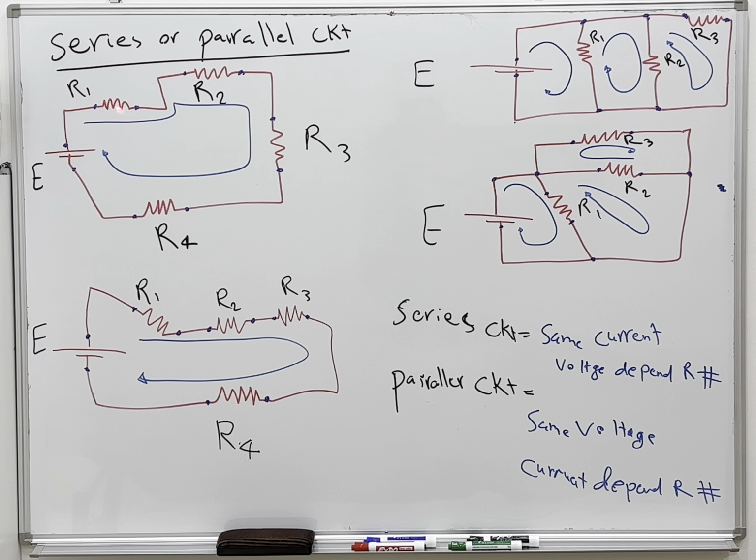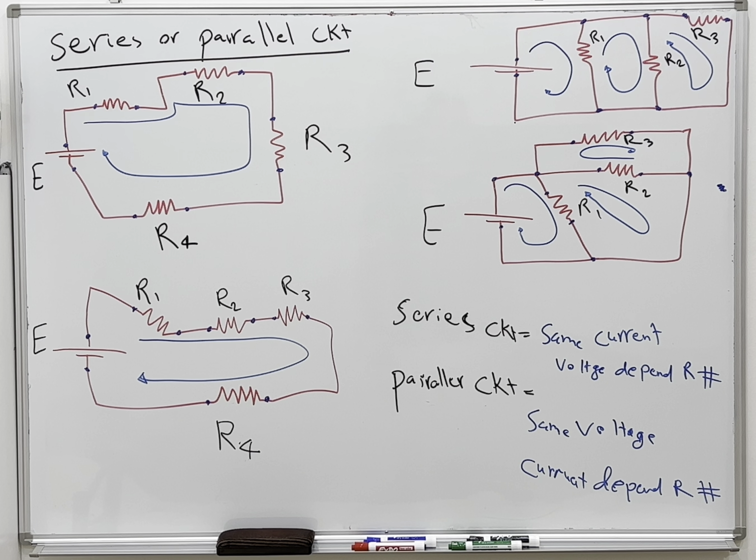See, the current goes from here through R1, R2, R3, R4, while the voltage depends on the R. If R1, R2, R3, R4 are different, then you will find VR1, VR2, VR3, VR4 are different. If they are the same, let's assume R1, R2, R3, R4 all have the same resistance, then VR1, VR2, VR3, VR4 will be the same.